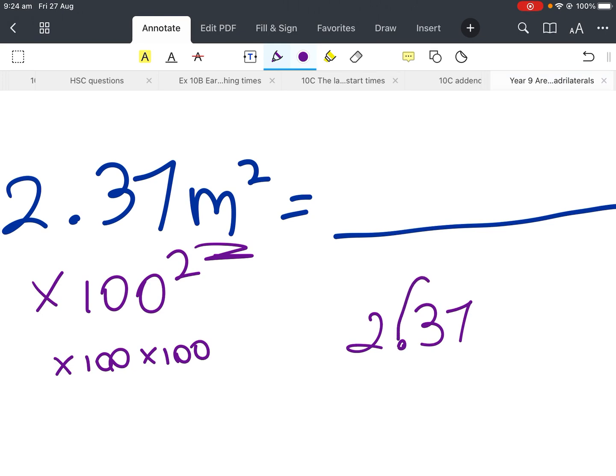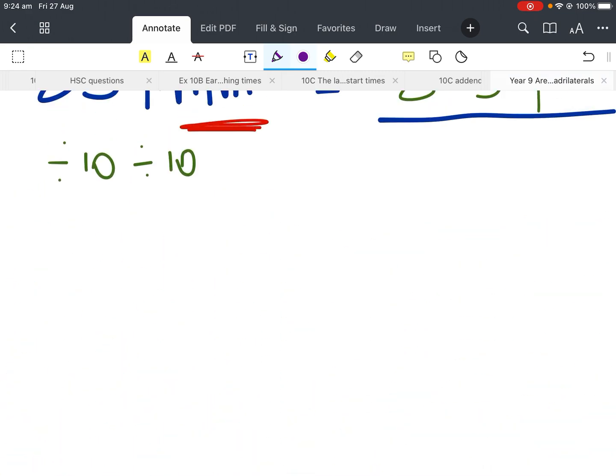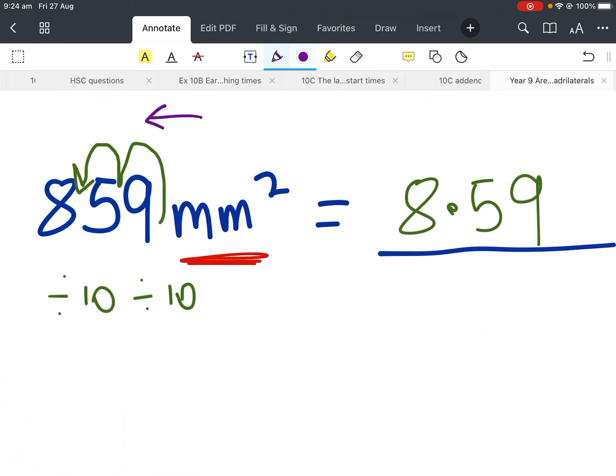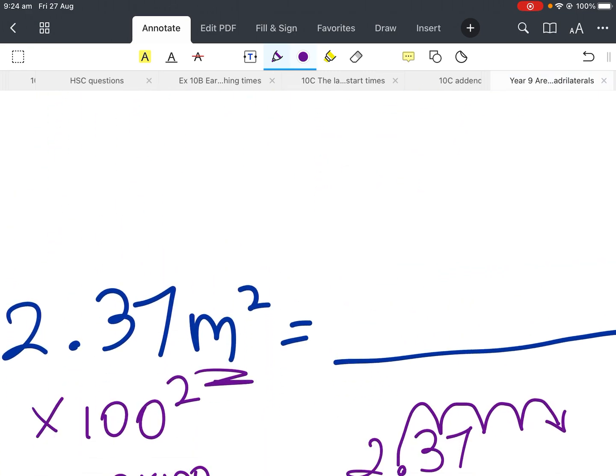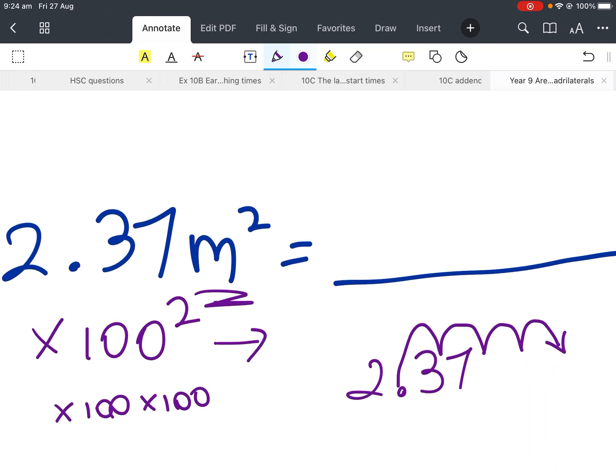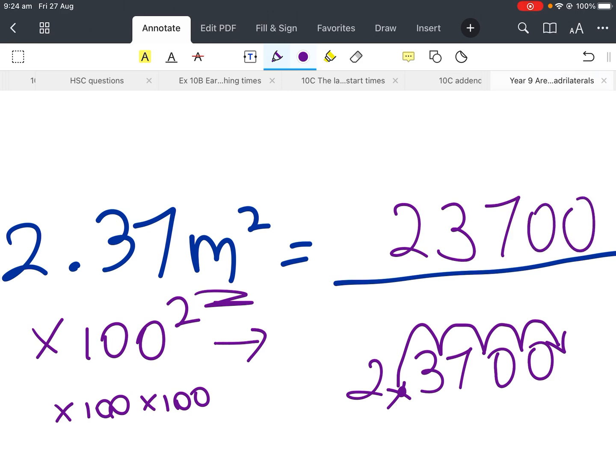There's no problems. I'm going to jump 4 spaces that way. So when I divide, I jump that way. When I times, I jump that way. Okay? That gives me 2 spaces, which I need to put zeros in. Don't write the dot. 2, 3, 7, 0, 0.